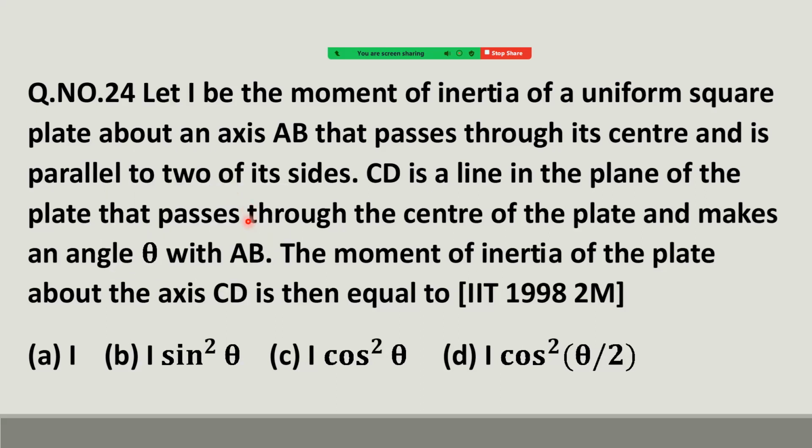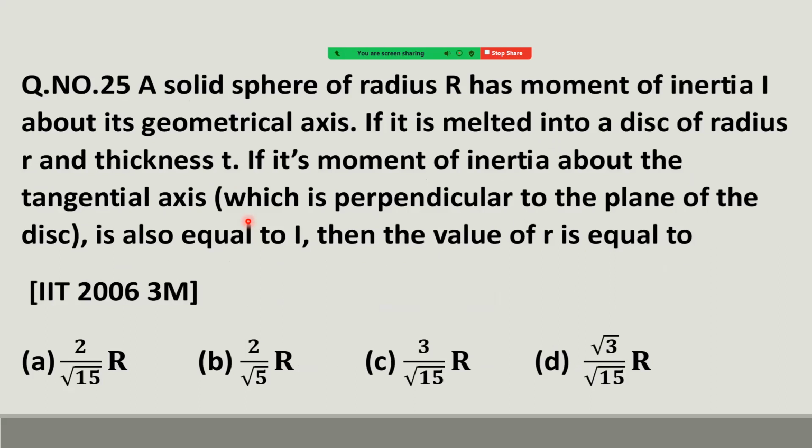Let us see the next one. A solid sphere of radius capital R has moment of inertia I about its geometrical axis.